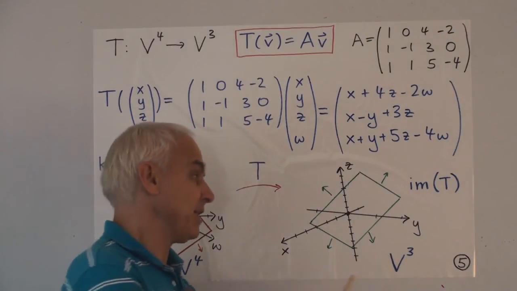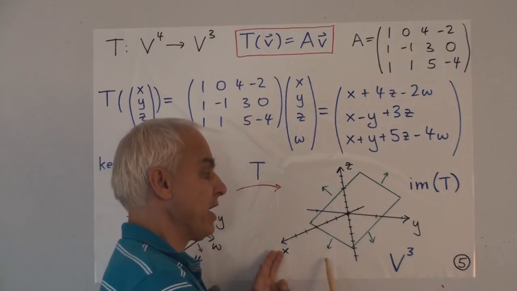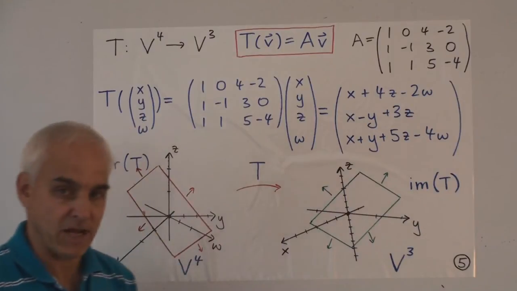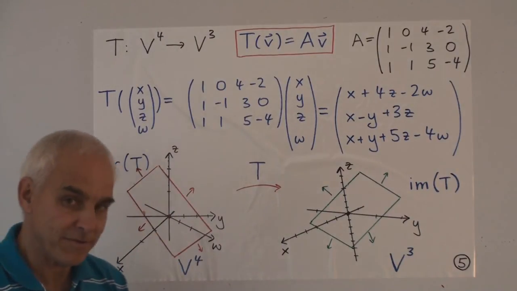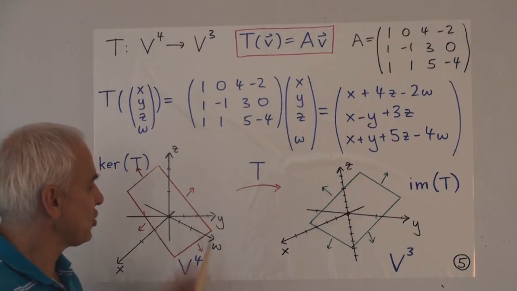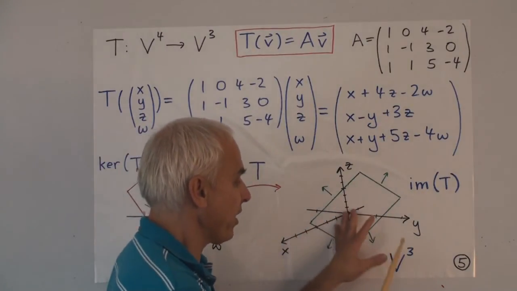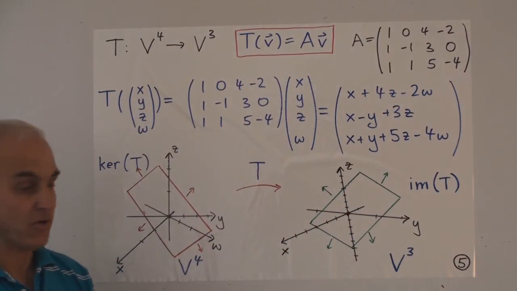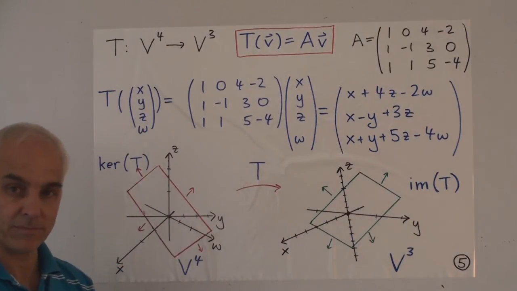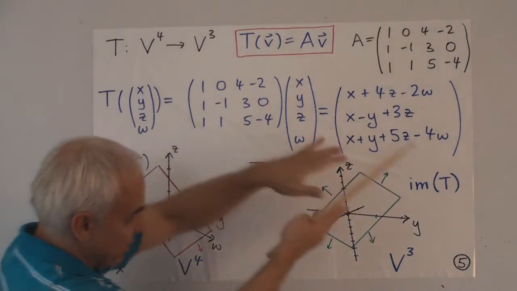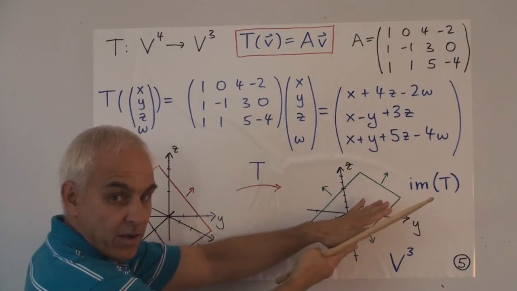And the other thing that we'll need is a certain space over here in the three-dimensional space, the image of the transformation. What is that? Well, as the name suggests, it's just all those vectors over here that are actually the result of applying the linear transformation to some vector over here. So if we look at all the vectors over here, the linear transformation sends them to various vectors over here.